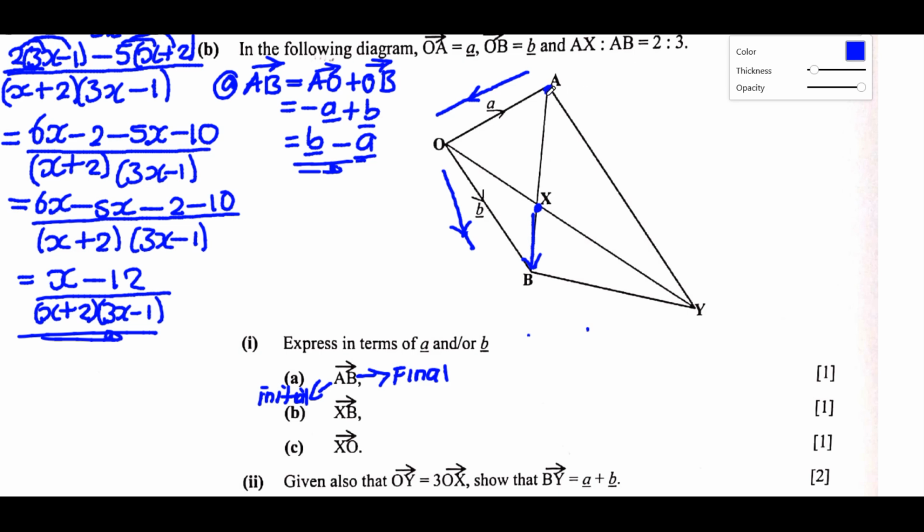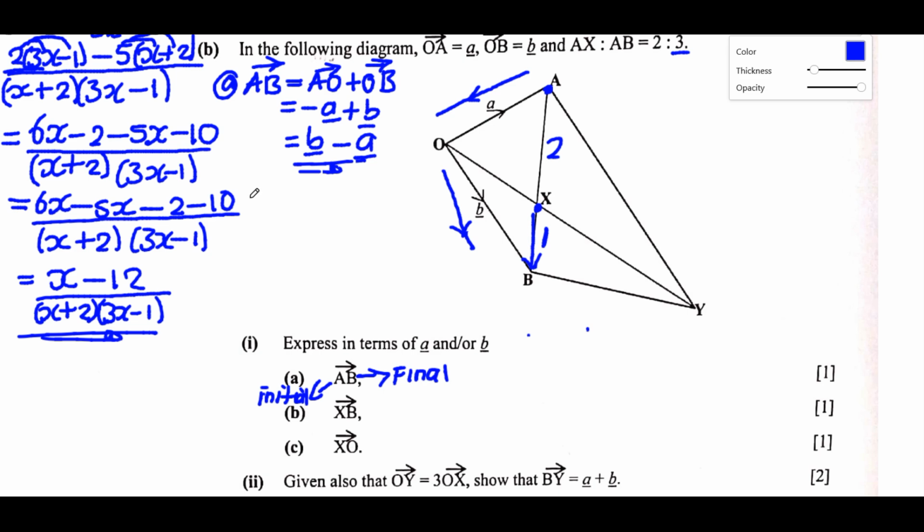From AX we are given the ratio 2, then AB is 3. So 3 is the total number for the whole line AB. If the total for the line AB is 3, and from A to X is 2, then from X to B should be 1, so that the two numbers add up to 3.